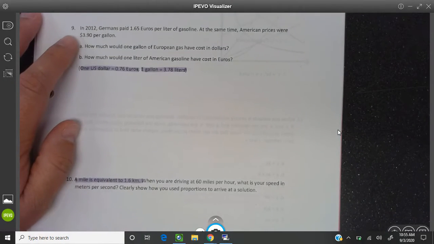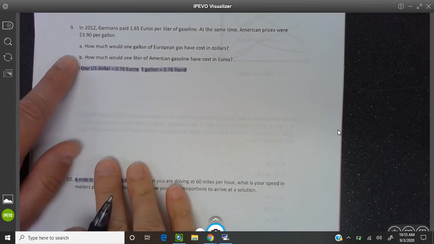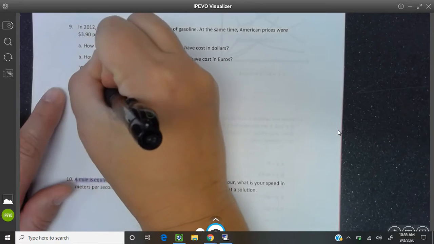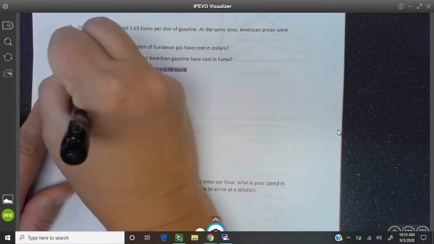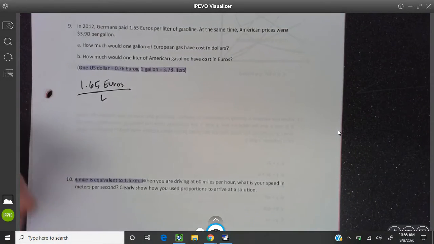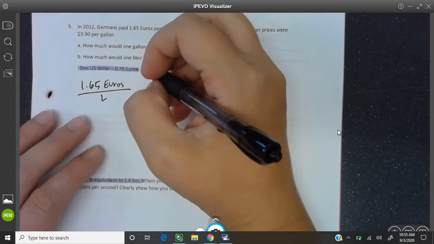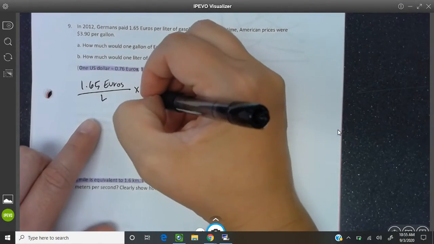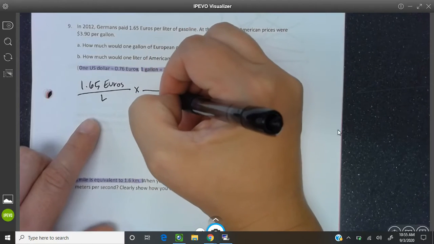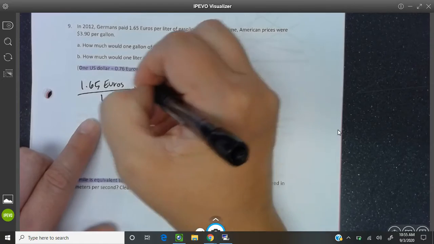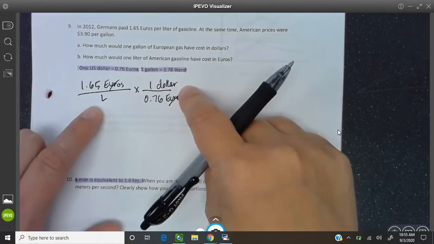All right, so we're going to start with the European price here. If we've got 1.65 euros for every liter that we purchase, we need to convert this so that it's dollars per gallon, right? We want to know how much they would pay per gallon if we were comparing it to our rates. So first, I'm going to convert this to dollars. So I'm going to have 0.76 euros per dollar, right? And then euros will cancel. Now I have dollars per liter.